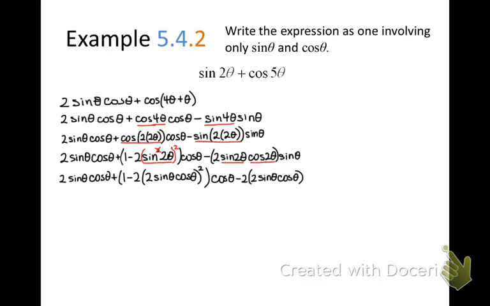Which one do you guys want to use? Just make a choice, right? Does it matter this time if I use that cosine squared minus sine squared? Am I going to be picking up a double angle in this again? No. So this time I don't really have to worry about putting in 2 of those because I don't have to break it down anymore.